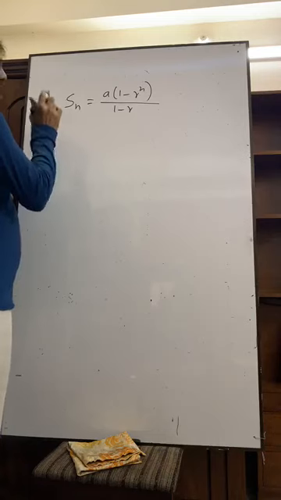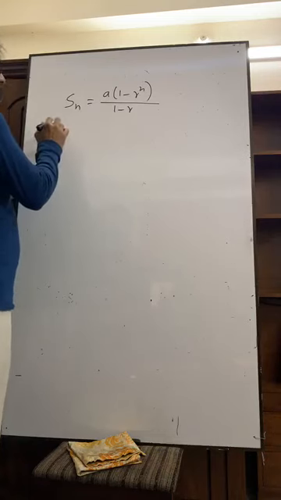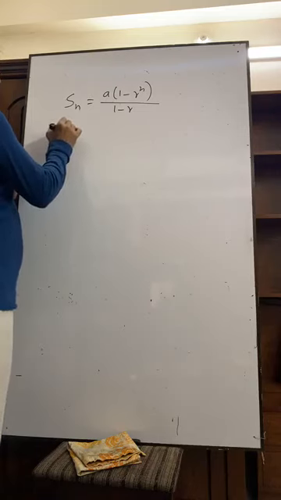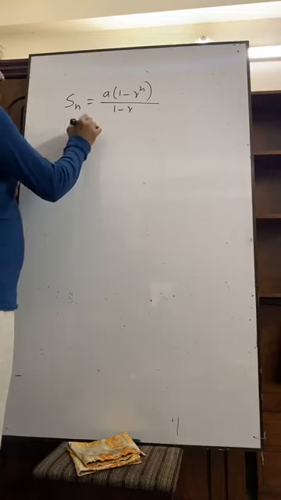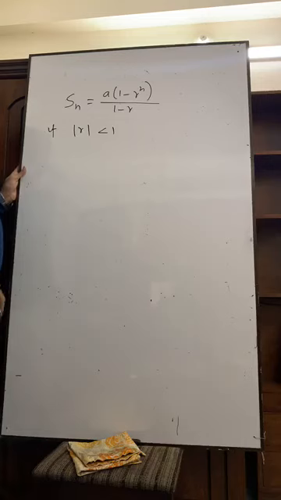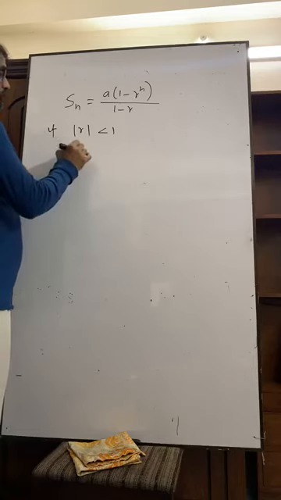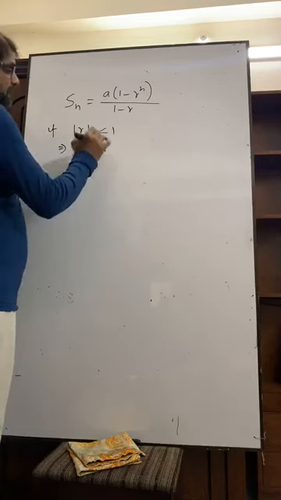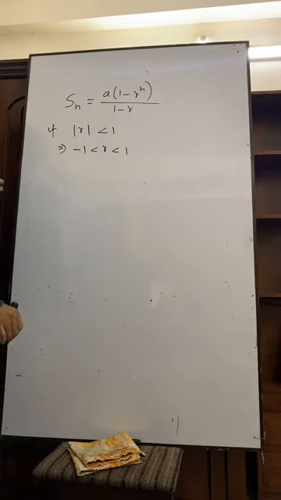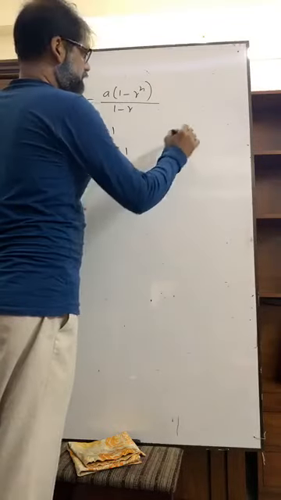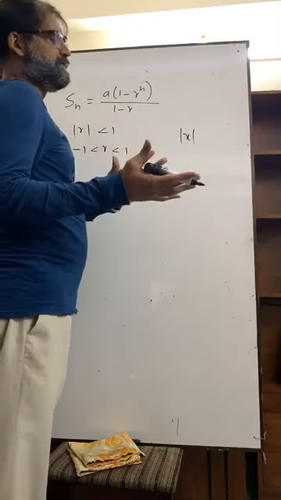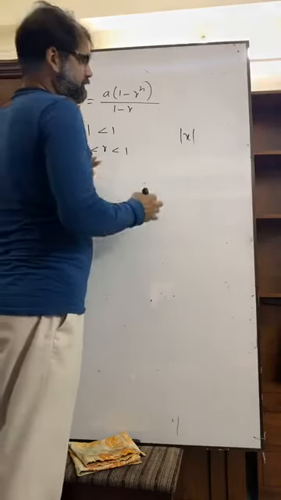If the absolute value of r is less than 1, that means minus 1 less than r less than 1. Absolute value, actually, what is meant by this?